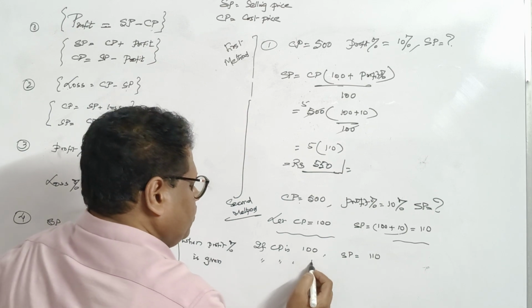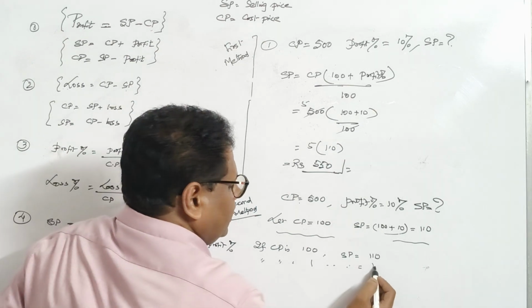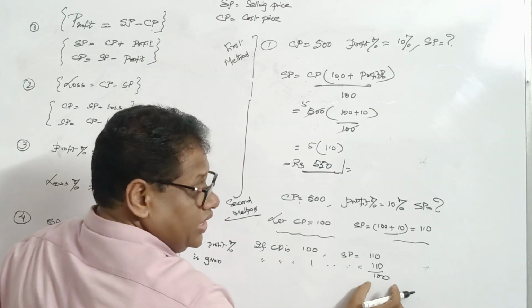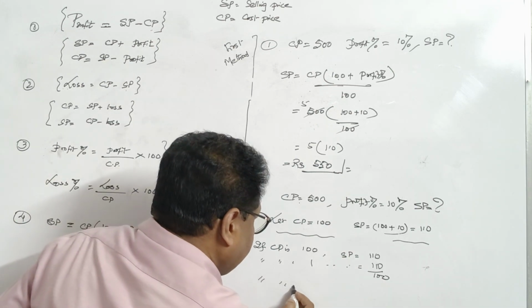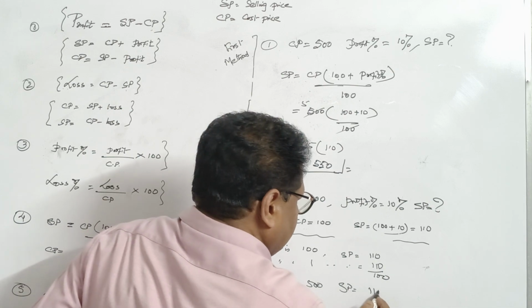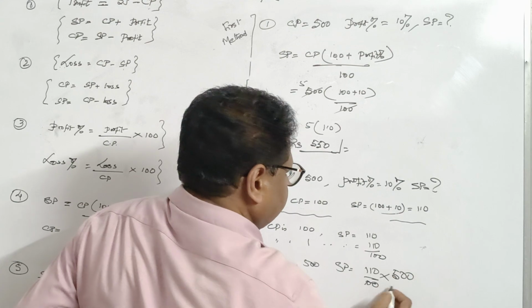If CP is 1, then the selling price will be 110 by 100. And if the CP is 500, then the selling price comes to 110 by 100 into 500.